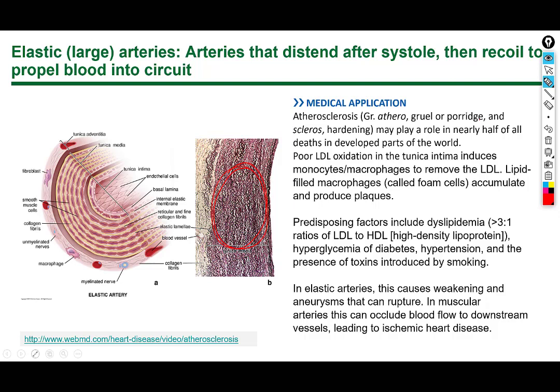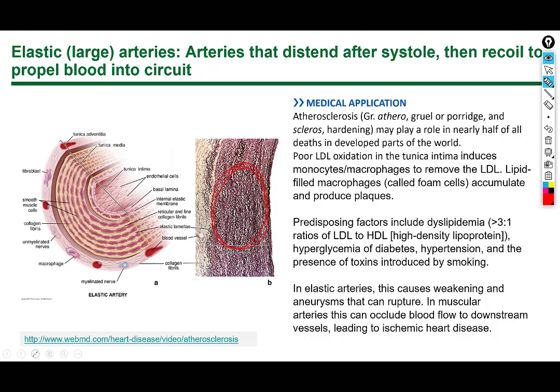If you've got too many of them, you get a failure of the LDLs to oxidize, and then monocytes and macrophages go ahead and remove it because it's not supposed to be hanging out in the bloodstream. It's supposed to be moving from the blood into the tissues. So the macrophages, as I mentioned, try to deal with that by eating them, and they become foam cells. And then the foam cells elicit an immune response that causes the surrounding of them with connective tissue, and that creates a complicated plaque.